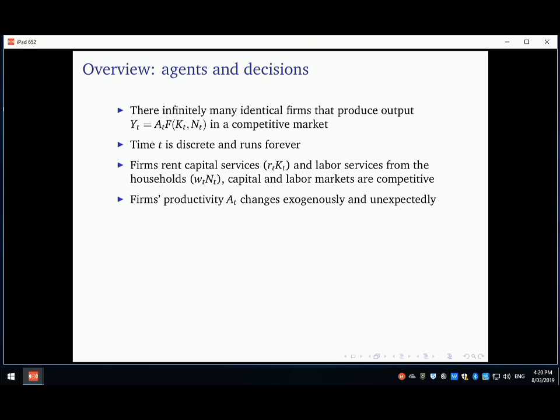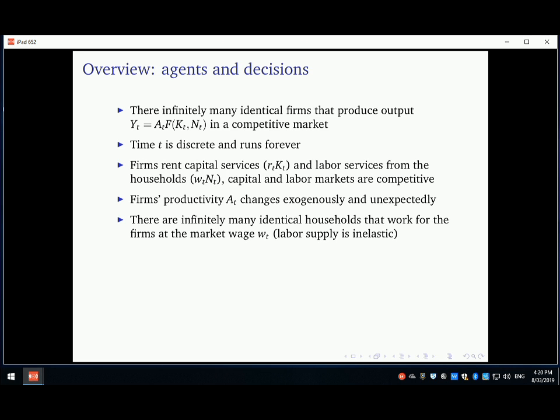There will be this firm productivity, AT, but again, it can be wider than that. It's not just productivity. And as there are infinitely many identical firms, the same applies for households. Okay? And households are going to work at the market wage. So for your households, there is a wage out there, and depending on the wage, you're going to decide how much you want to work.